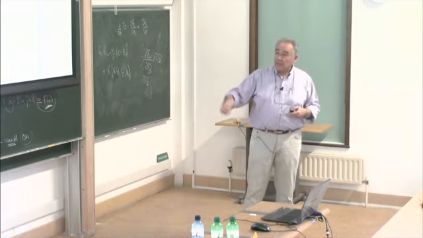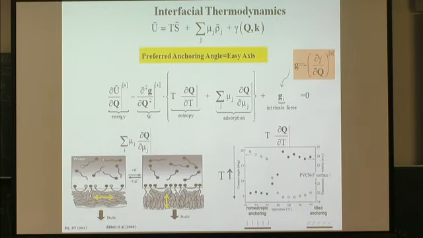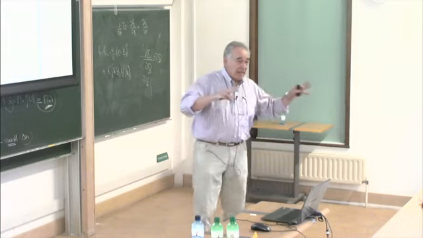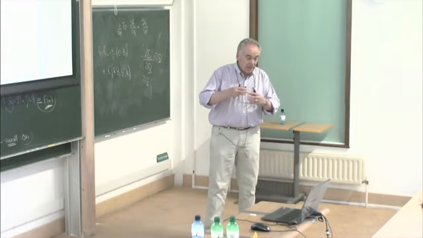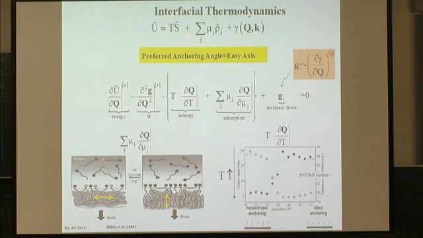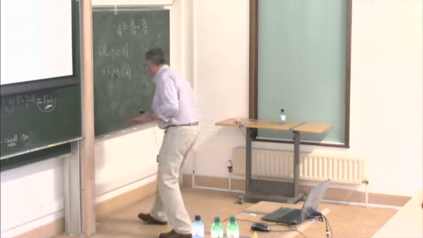So lastly is thermodynamics. Now I want to put mechanics and thermodynamics together, and insist on some words about thermodynamics. You start with the Euler surface equation that tells you that internal energy is equal to the entropic part, the adsorption part, and now you have the interfacial tension.